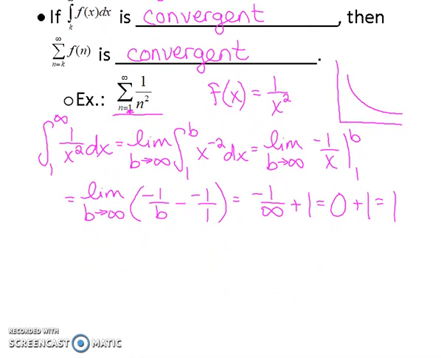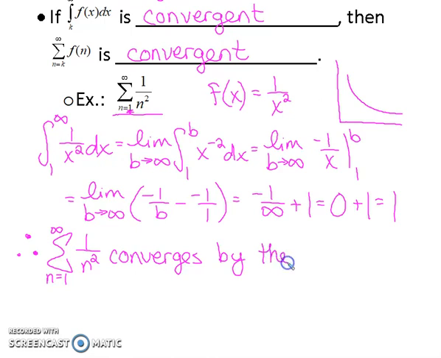So we would say, therefore, the sum from n equals 1 to infinity of 1 over n squared converges by the integral test.